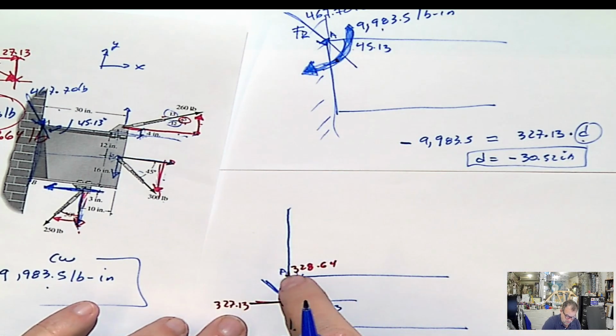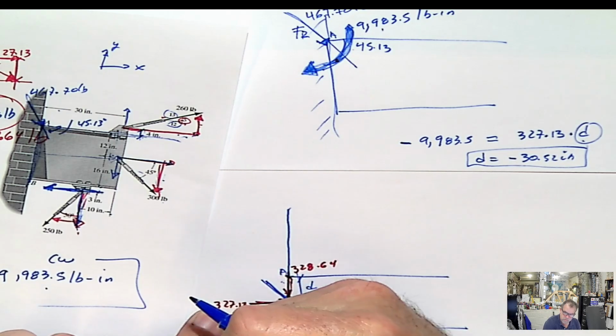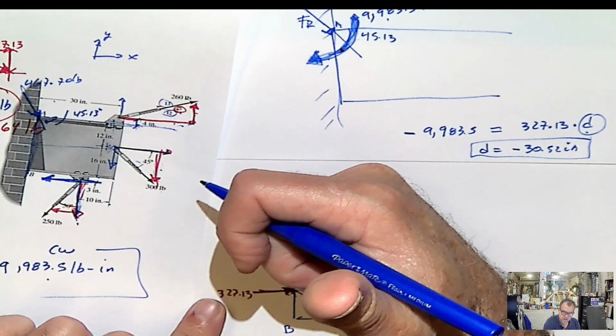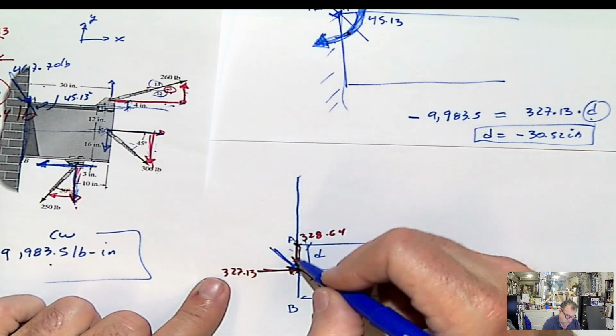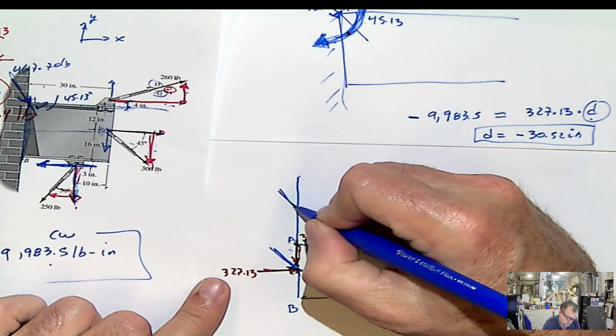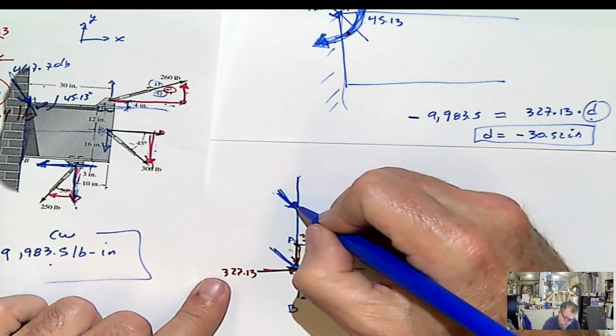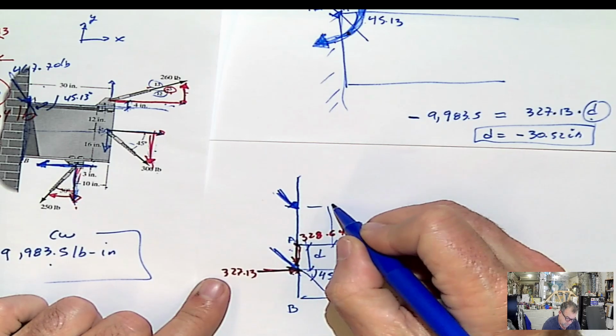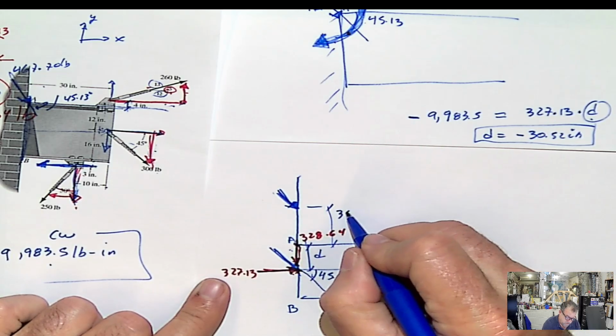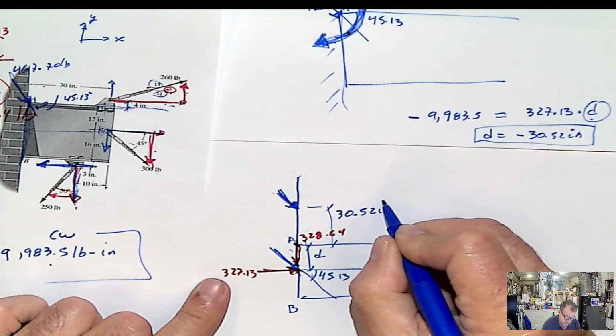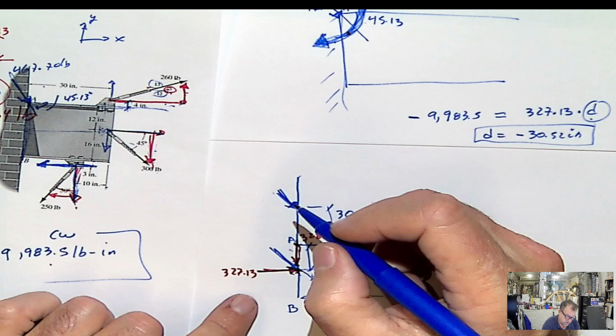This component is going to produce a positive moment. So the only possibility is the resultant force to be somewhere here in the air, and this distance will be 30.52 inches. That will be the solution for the second part.